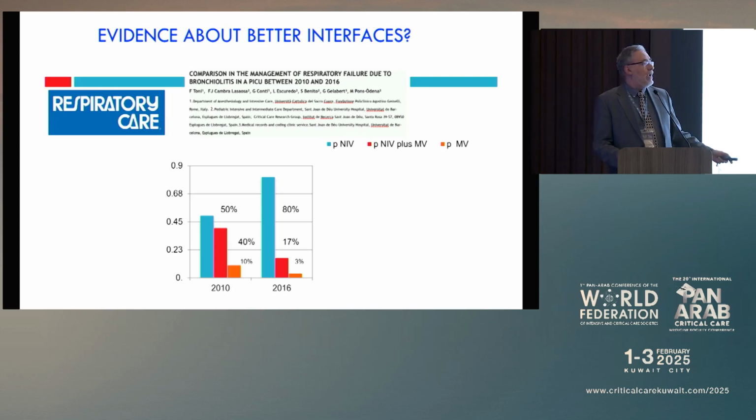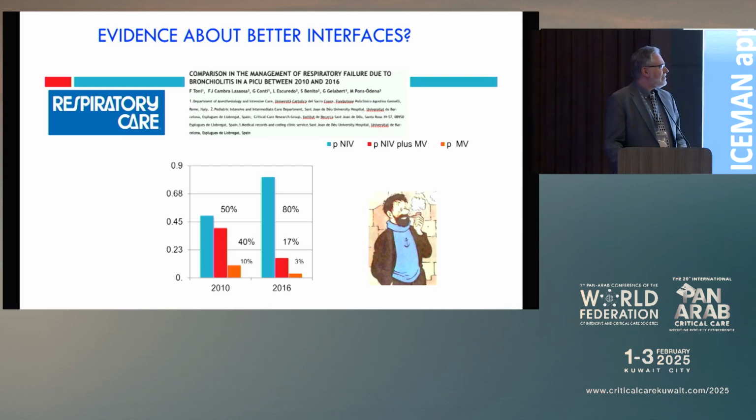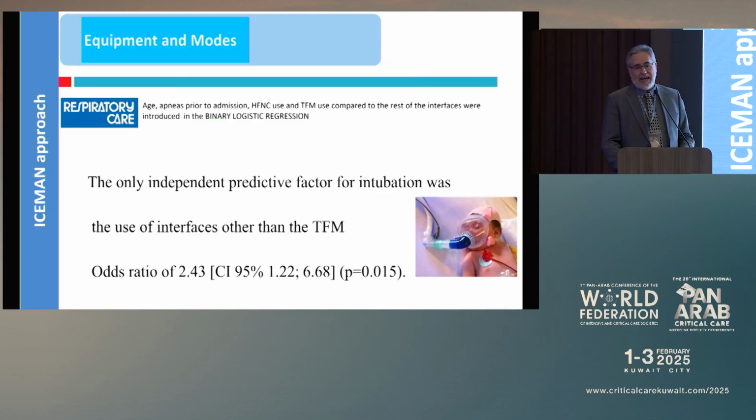We did a multivariable analysis because there are a lot of confounding factors. You know very well, this is Captain Haddock from the Tintin comics. We are very happy with the results. But we did the multivariable analysis.